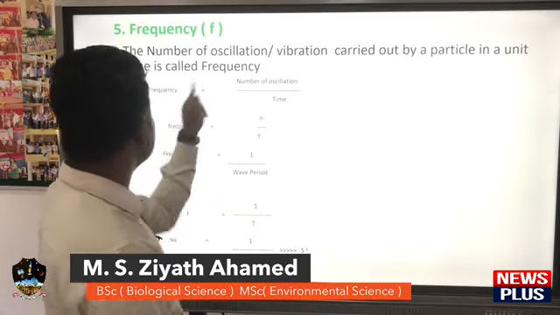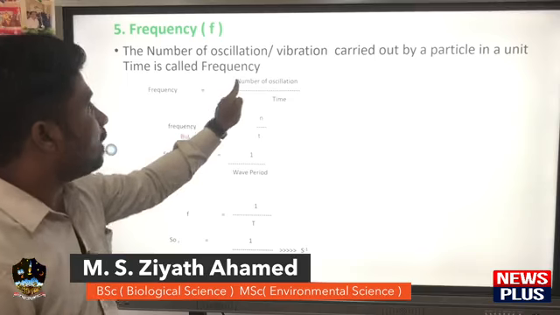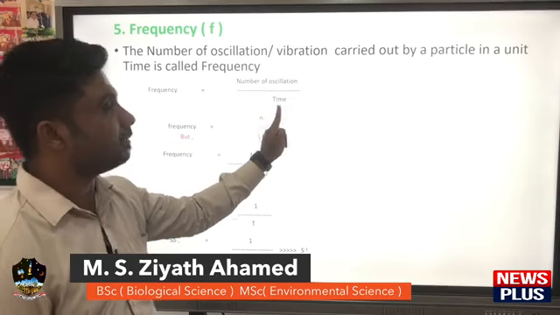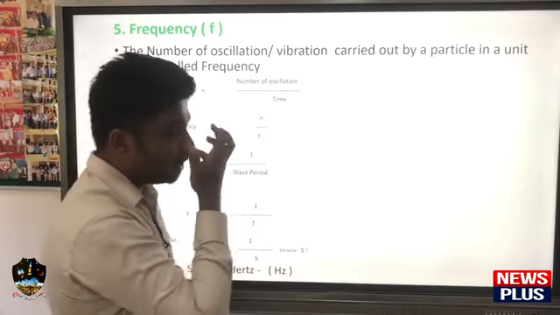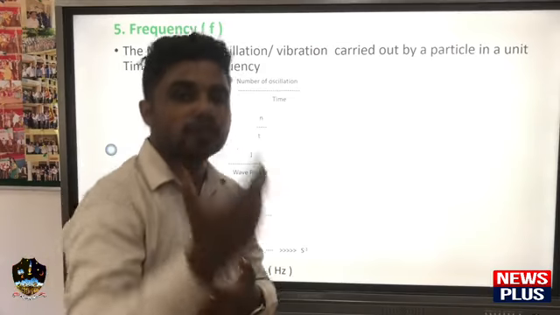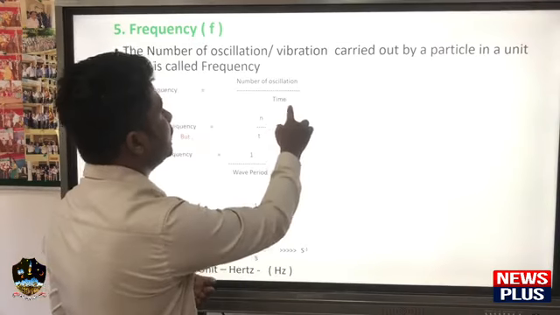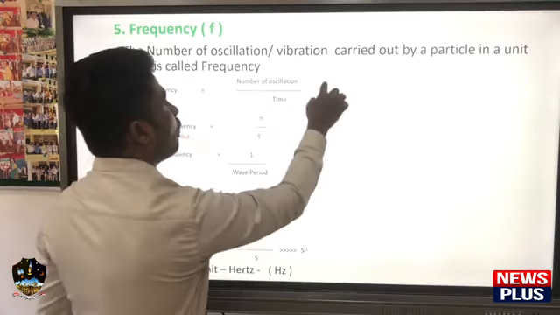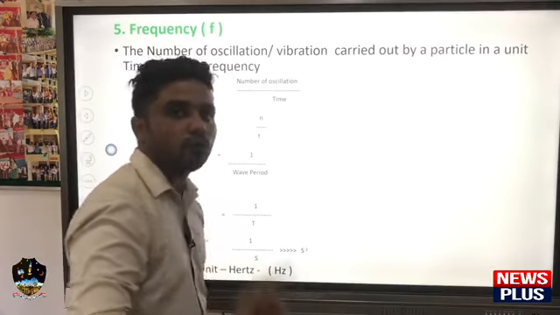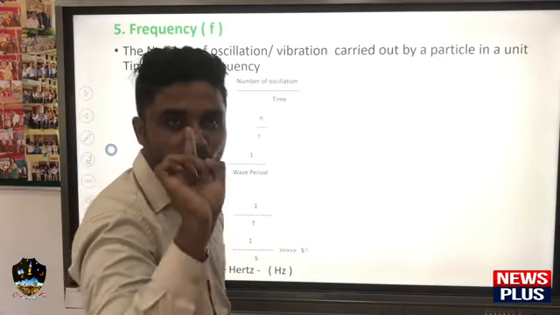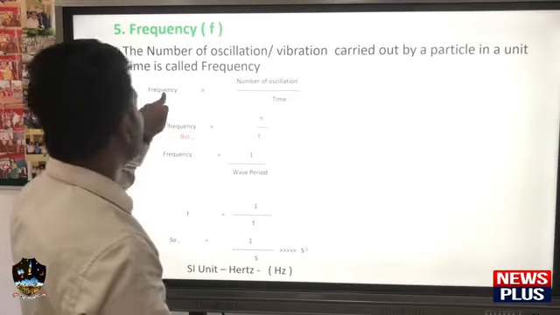So if you take this frequency equation, the number of oscillations over time, for example, in 10 seconds 10 oscillations, 10 செகண்டுக்கு 10 அதிர்வுன்னு சொன்னா ஒரு செகண்டுக்கு எத்தனை அதிர்வு? For 1 second how many oscillations or vibrations, that is called frequency.